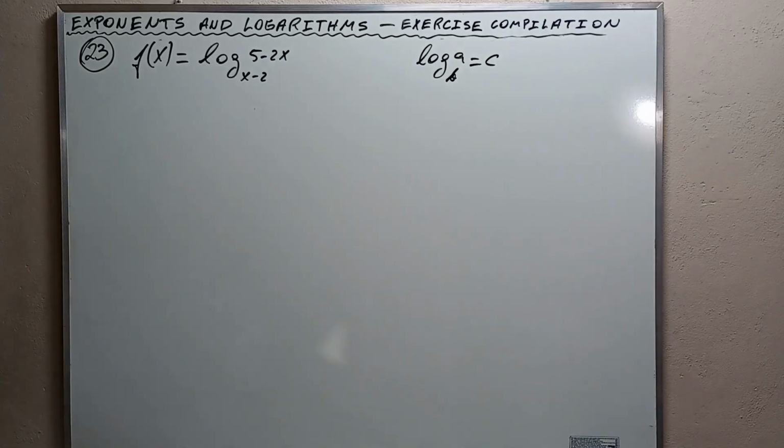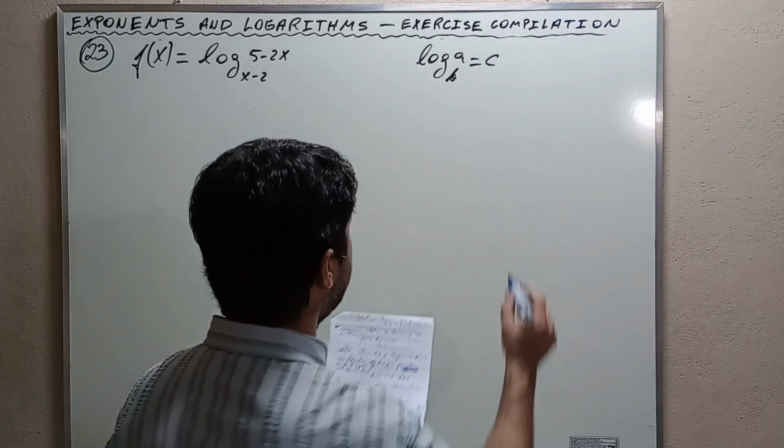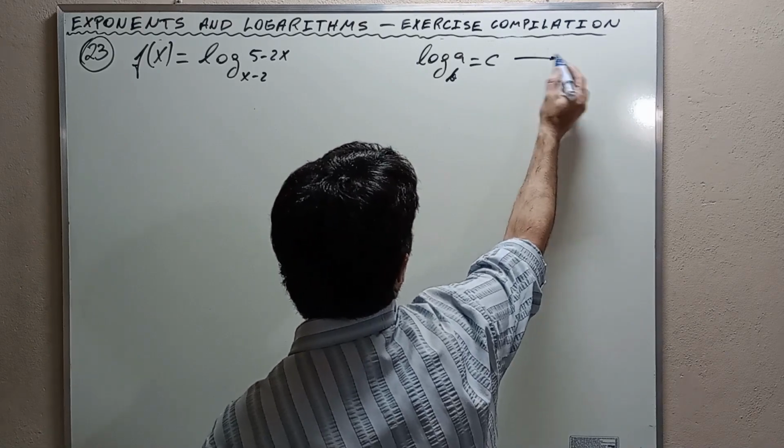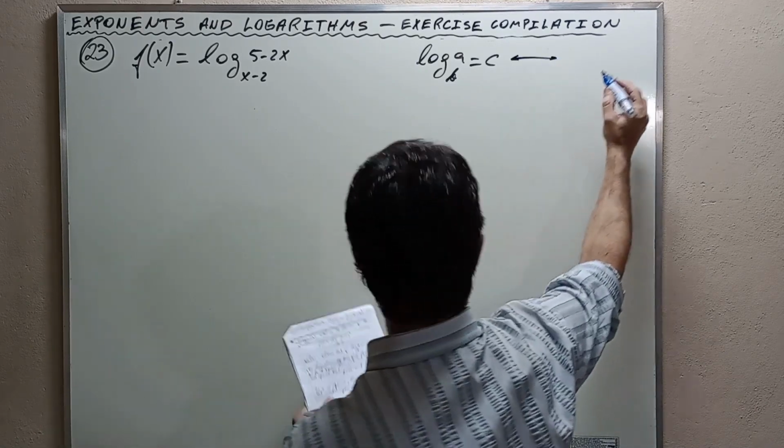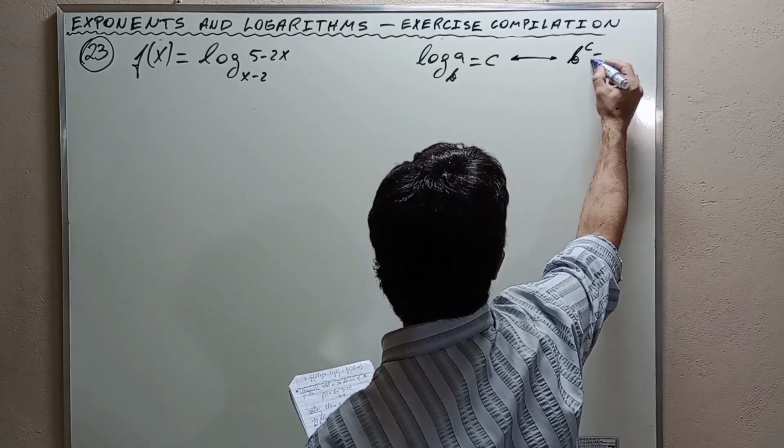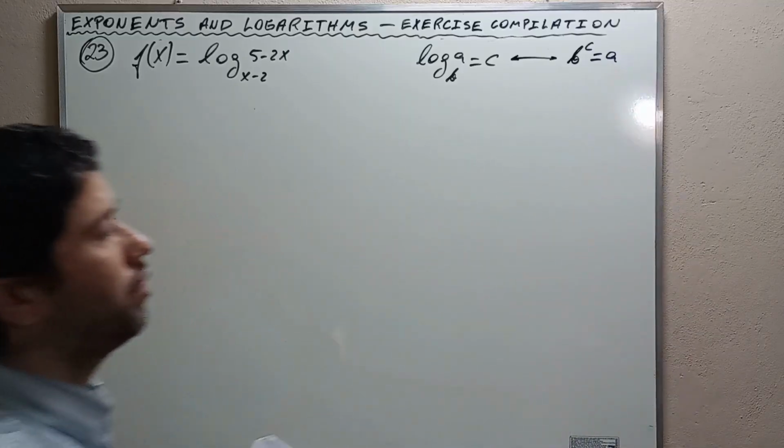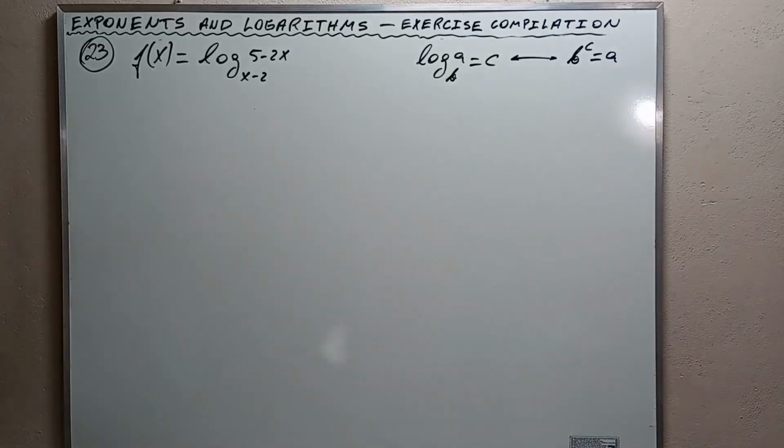The logarithm of a number a base b is equal to c. It means that b raised to the power of c is equal to a. Alright? This is the definition.